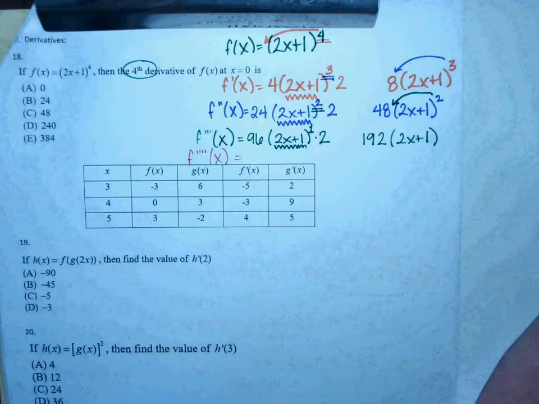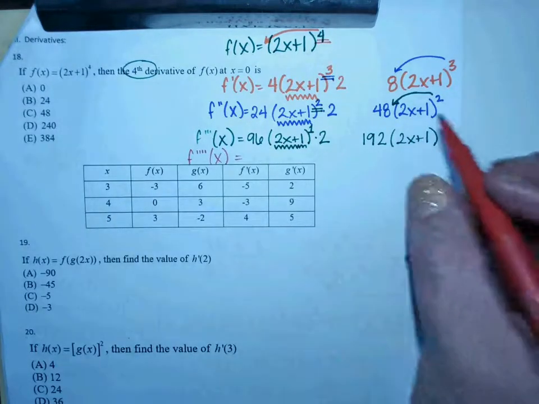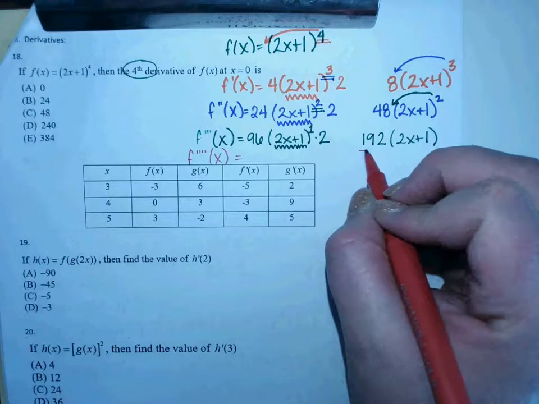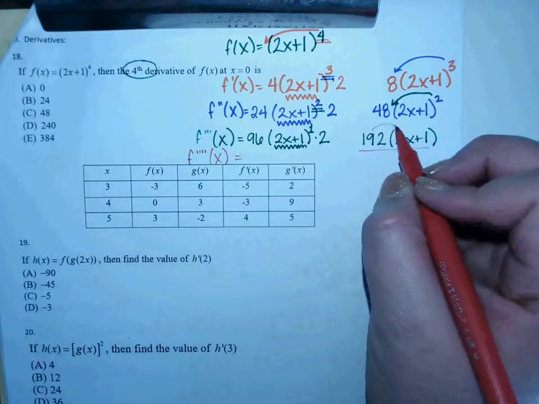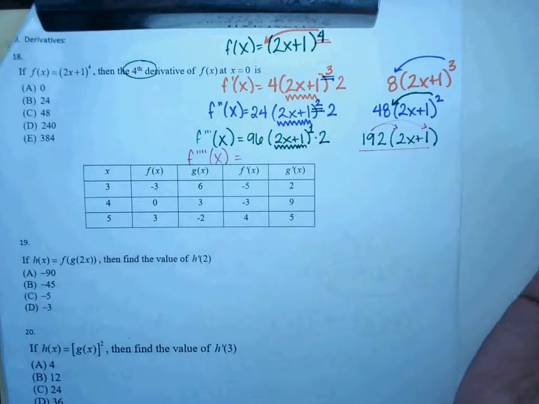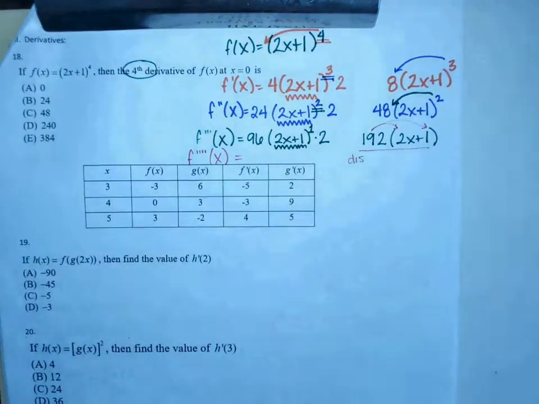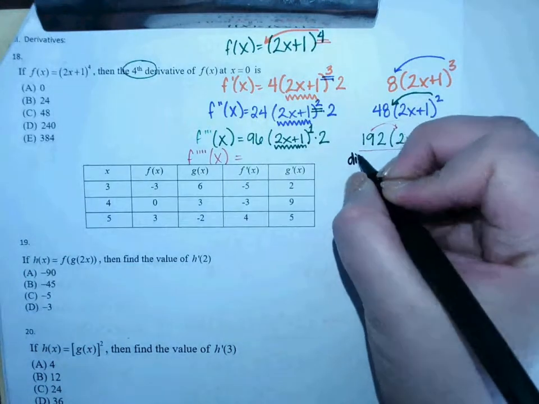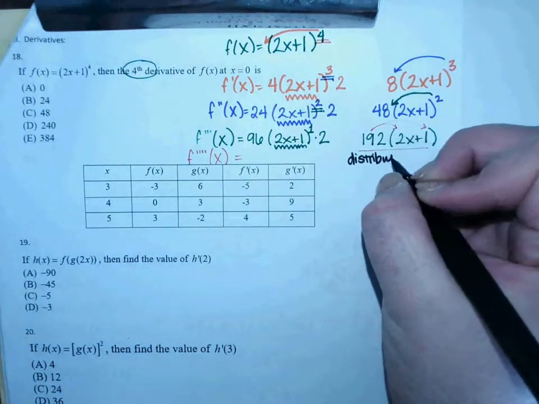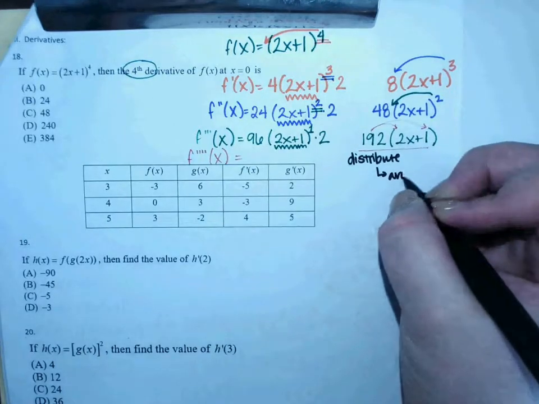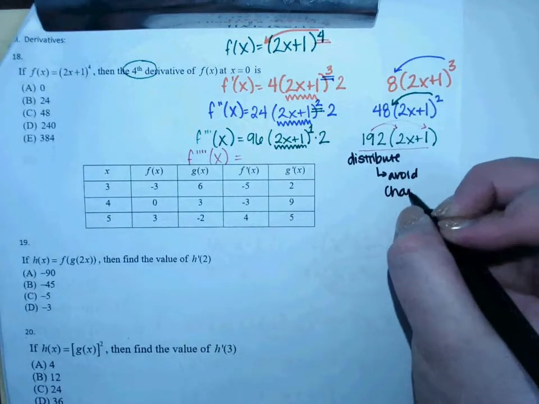But if I can avoid chain rule, I'm going to do it. So rather than me leaving this as a chain rule, I'm just going to distribute my 192 in. And then when I distribute, I can avoid having to use chain rule at all.